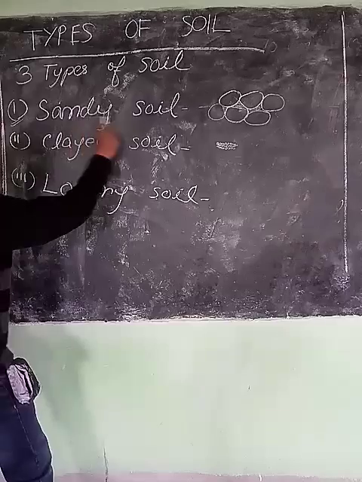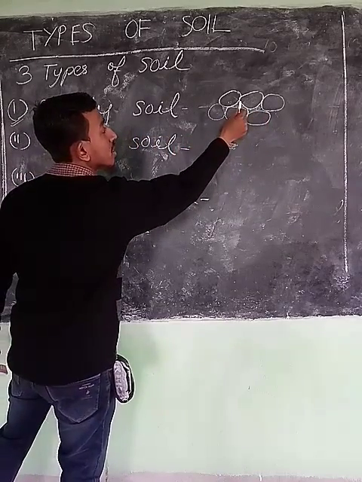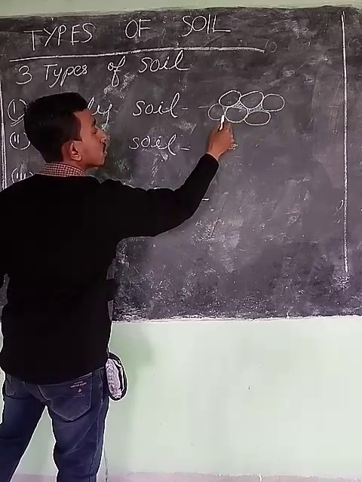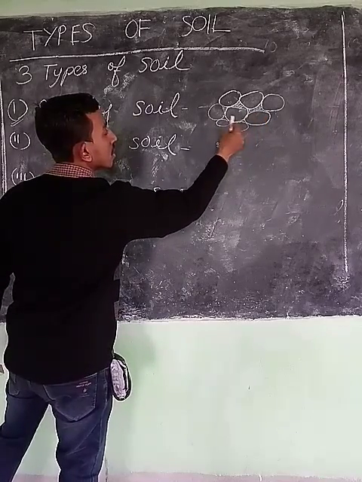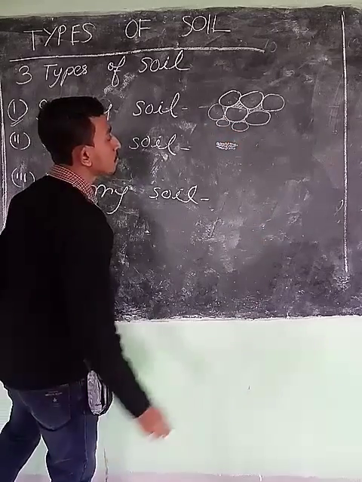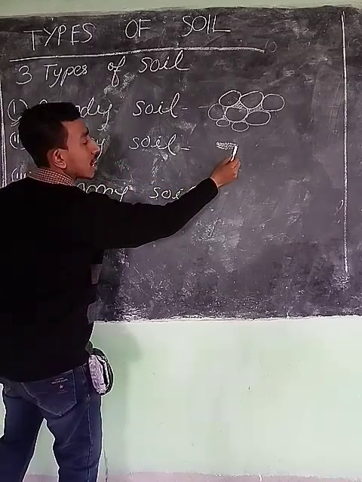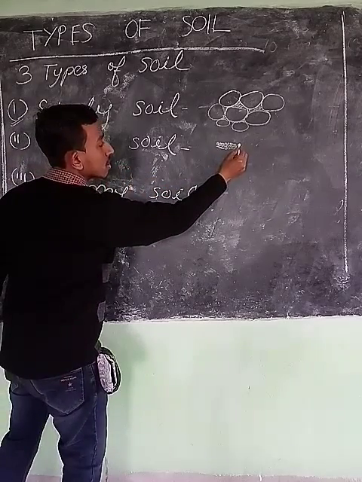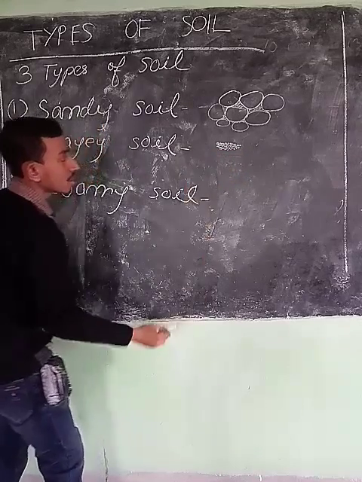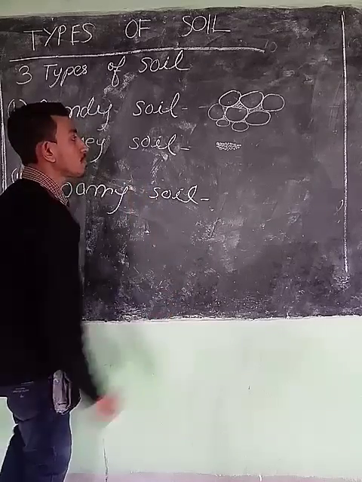In sandy soil, the particles are very large, that's why the space between them is also very big. There are so many spaces present in sandy soil. But in clay soil, the particles are very small, that's why the space between the particles is also very small.